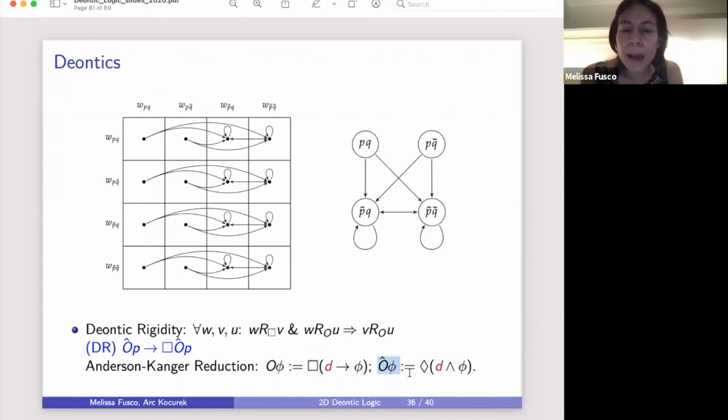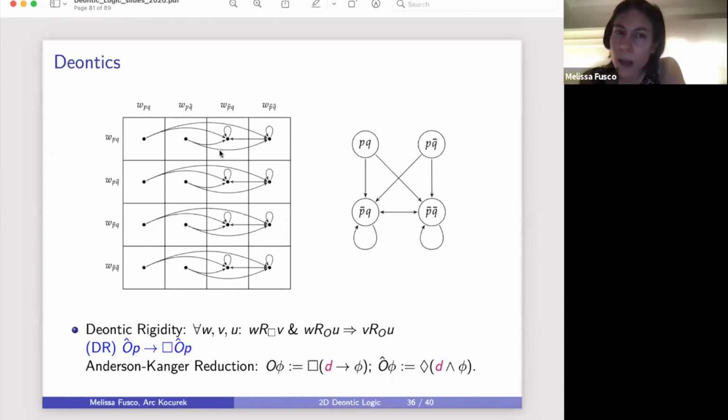O hat phi, so it's permissible that phi, will say that it's metaphysically possible that everything is good and phi is true, along with phi. Phi is consistent with everything being good. This again just says that if W is R-related to V on the row, and W sees a world U as ideal, then V also sees that world as ideal.